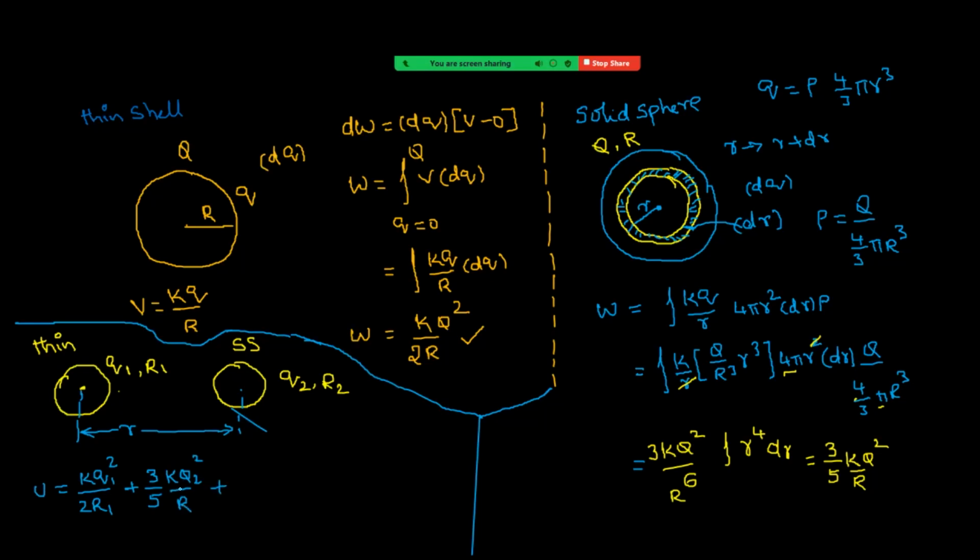Apart from these two, because of the interaction between the thin shell and the solid sphere, there is a potential energy. Generally we call it interaction potential energy. These two are self energies. Now we take the interaction potential energy.